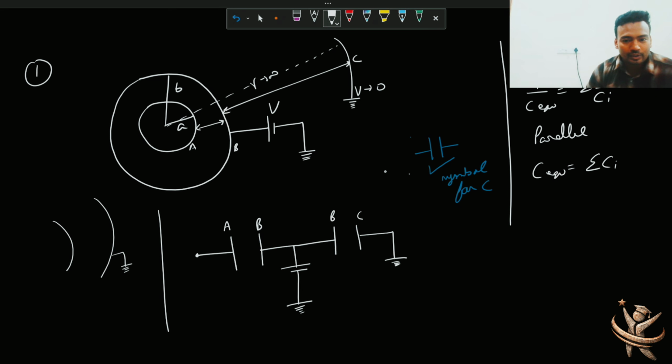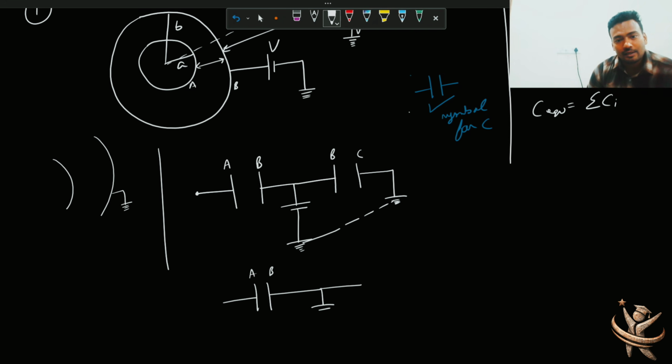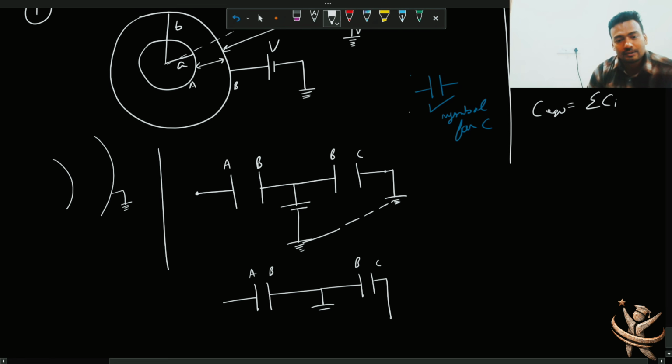Now these two are grounded, so you can simply connect them together, right? So this capacitor between sphere A and B will remain as it is, and this will be B and C, and this you can directly connect like this, right?